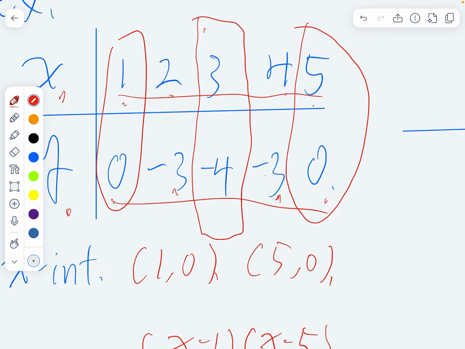So a must equal 1. So the factored form is y = x times (x minus 5). Then the second one.